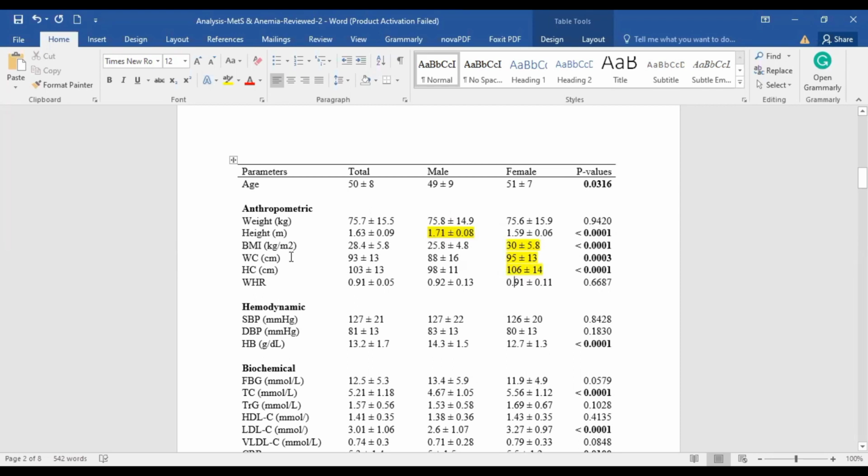Whilst females had a higher BMI, waist circumference, and hip circumference than males. Then in each case that we are mentioning the variables, we'll put their corresponding measure values and then the p-value in brackets. So that is how we are going to do the interpretation.